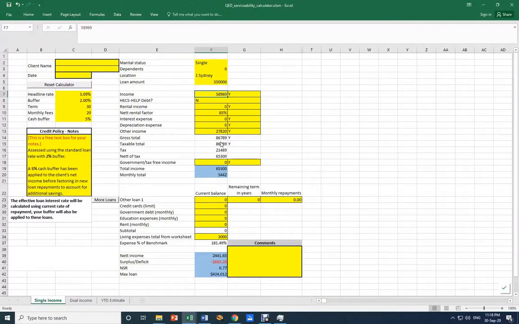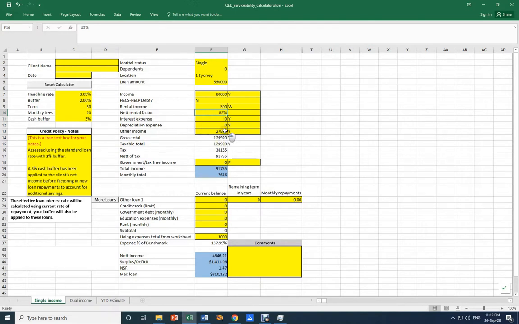Emily's income was 80,000 per year. No HECS or HELP debt, no. Rental income, so let's say that she's getting, say, $500 per week. And the rental factor 85, we'll leave that as is.